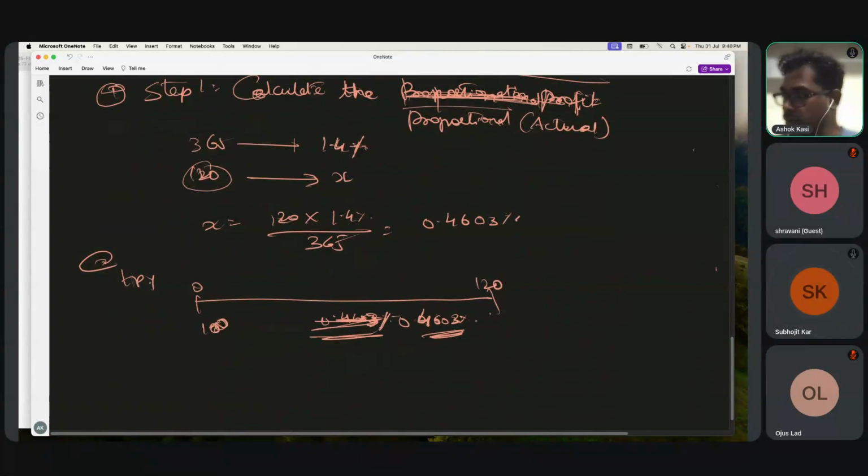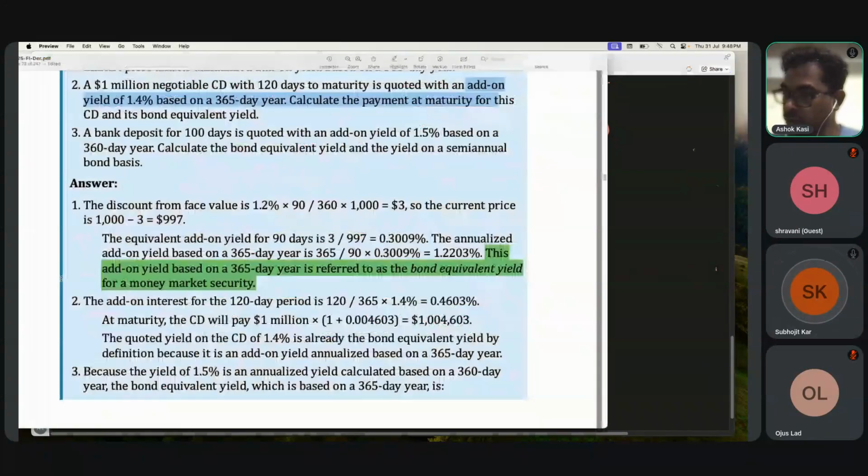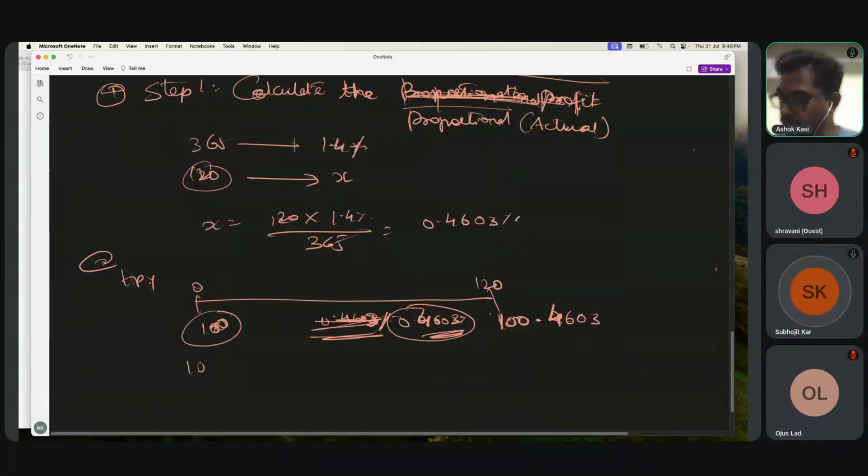Okay, so what will be my future value? 100 plus this profit. So it will be 100.4603. Is it okay? Yes, sir. Now, this is 1 million.